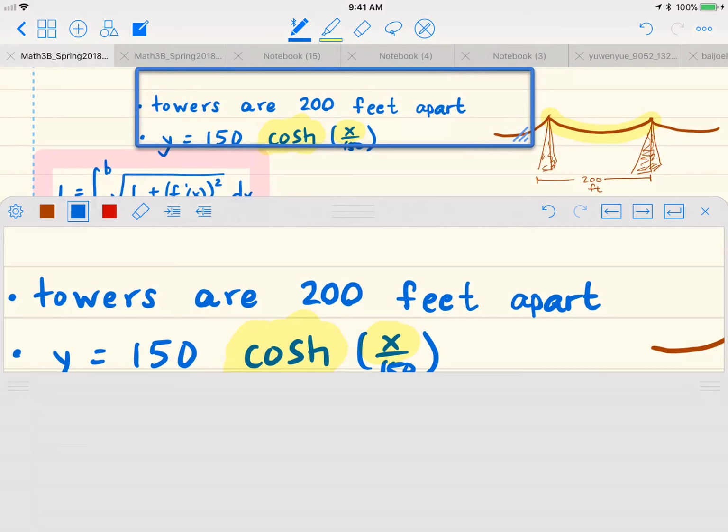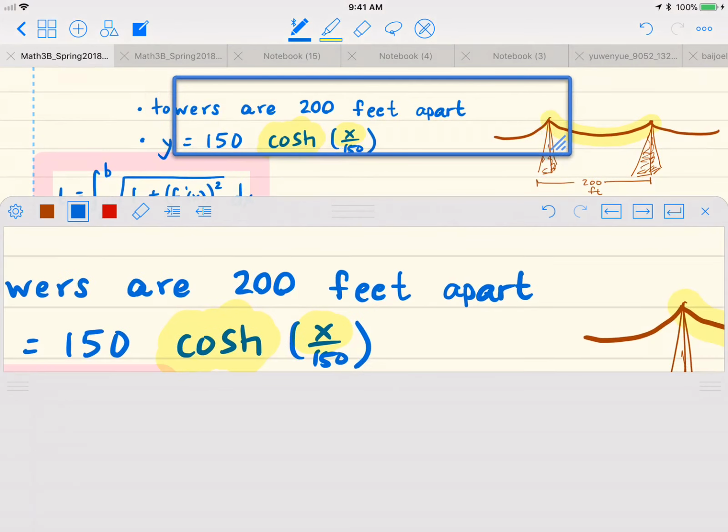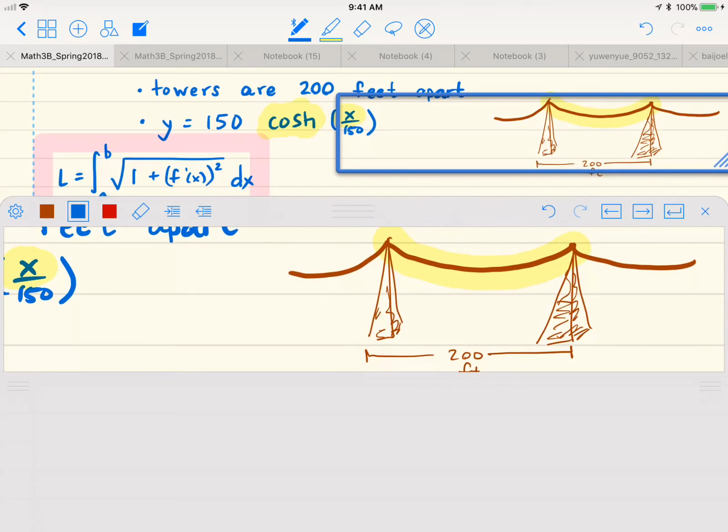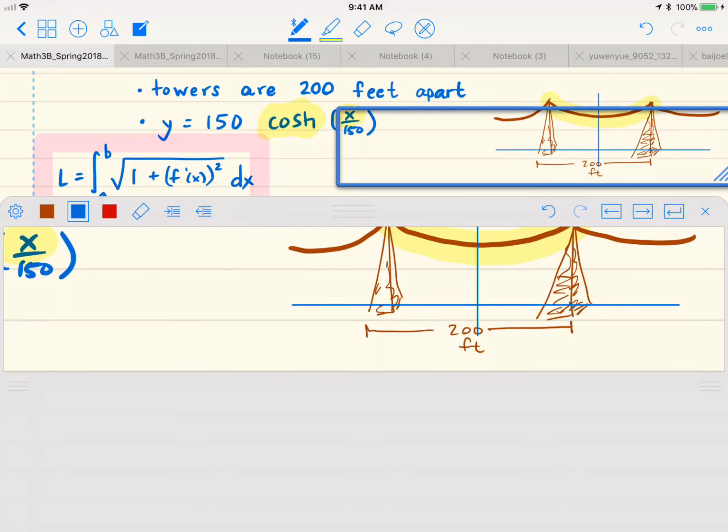are, let's say we're told that the towers are 200 feet apart. So here's what's reasonable: to have an axis like this, right? So in this case, we'd have negative 100 and 100.